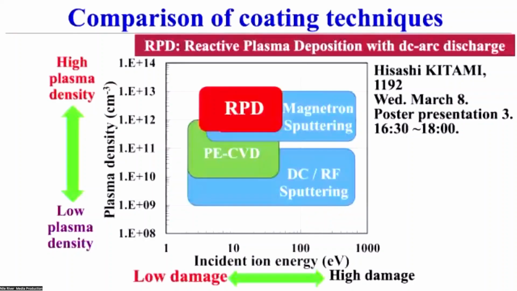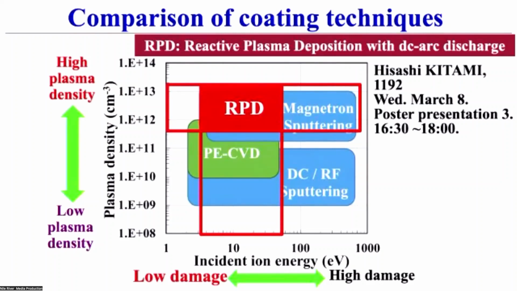Okay. And I'd like to show you the comparison of coating techniques. RPD is another technology, reactive plasma deposition with a DC arc discharge, okay? And conventional coating techniques, as you know, the magnetron sputtering, DC or RF sputtering, and plasma enhanced CVD.